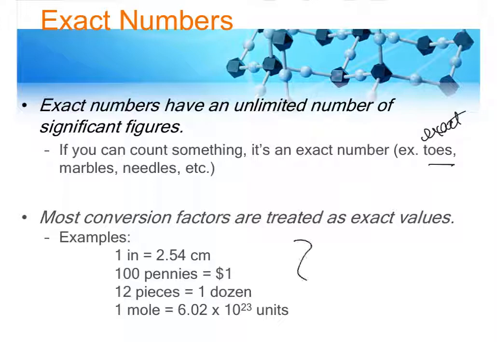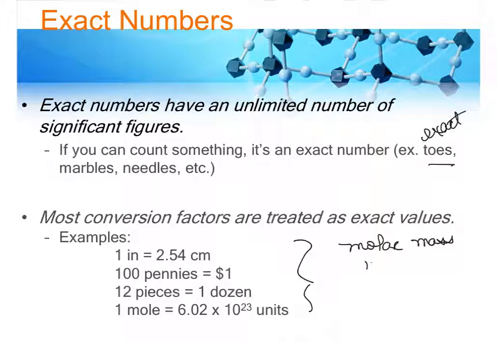And then finally, most conversion factors are treated as exact values and not taken into consideration when you're determining sig figs. The one big exception to that is molar mass, because molar masses are measured values. Also, it's important when you use molar masses from the periodic table that you carry enough significant digits.